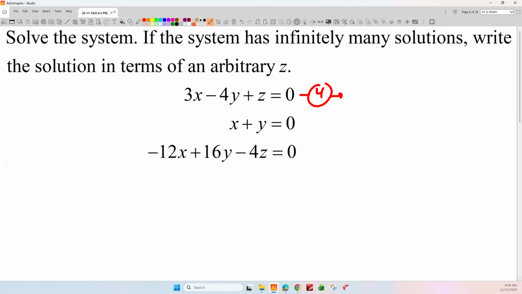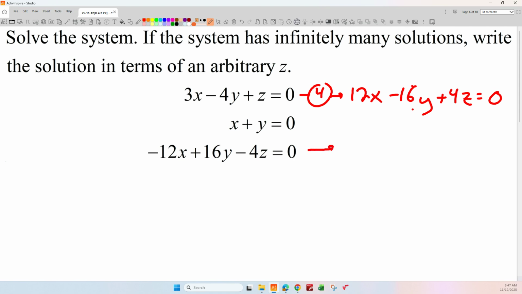And what's that give us in the top one then? Minus 16y plus 4z equals 0.